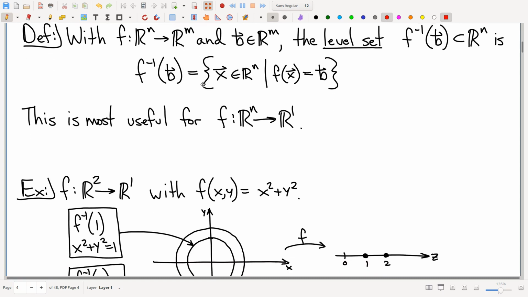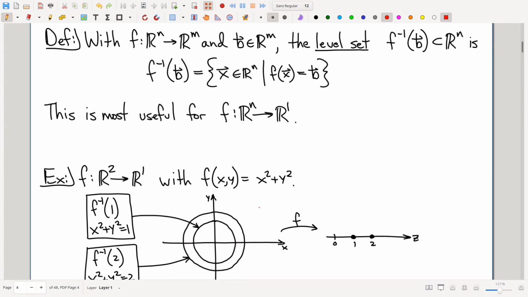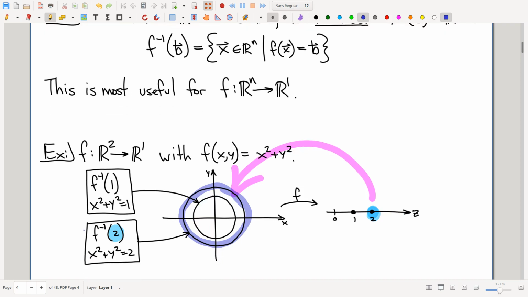So the big idea is that for a given output value, let's suppose I specify the output value 2, from that we're going to try to find what are the corresponding input values. And so you can see that's kind of working backwards through the function f, and thus f inverse to describe that level set. Is that cool? Okay, and I've forgotten who else asked me that, but there's a different point of view there.